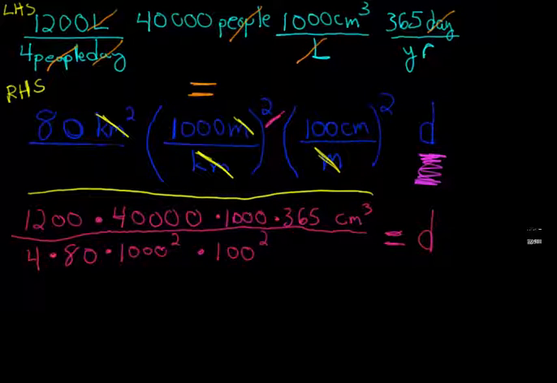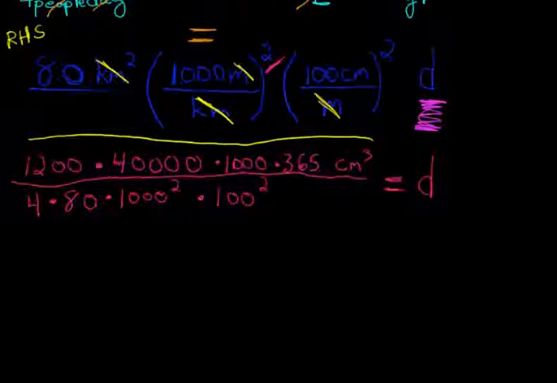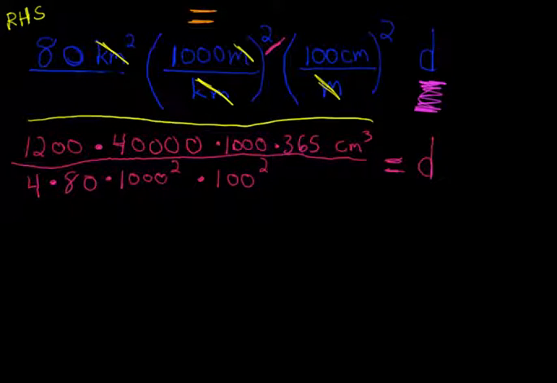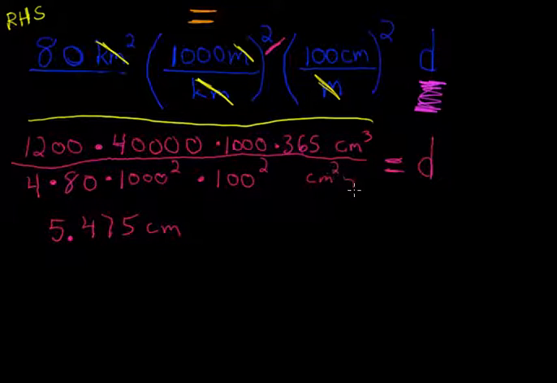This is nice. I can punch this in on a calculator. And I punch it in on my TI-89 here. And I get 5.475 centimeters. Oops, this was centimeters squared per year.